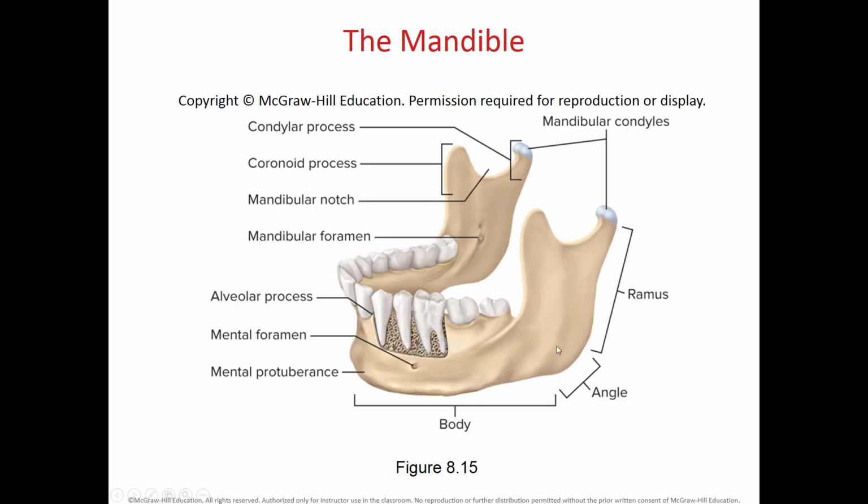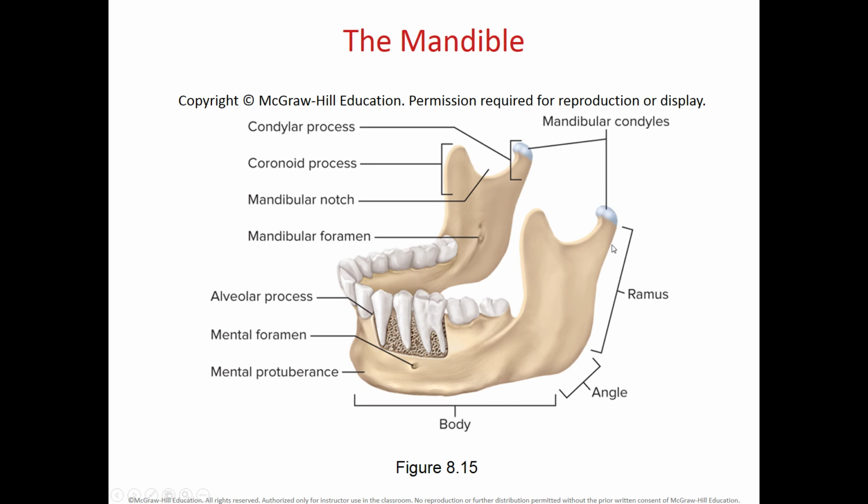So the mandible. This is the only bone in our skull that is not connected through sutures or immovable joints or articulations. This mandible connects to the temporal bone at the mandibular fossa by these rounded projections that are called the mandibular condyles. As we move the jaw or the mandible up and down, you have free movement.